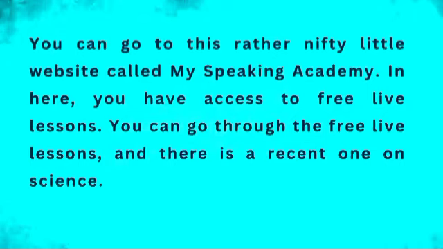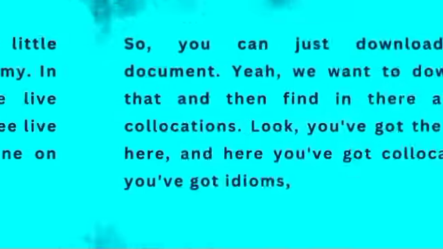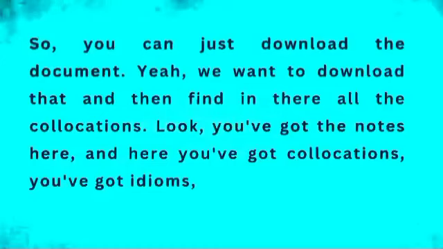In here, you have access to free live lessons. You can go through the free live lessons, and there is a recent one on science. So you can just download the document. We want to download that and then find in there all the collocations.